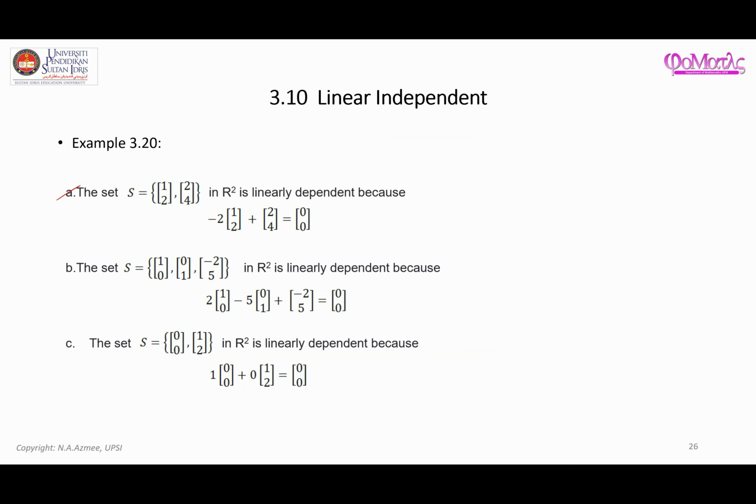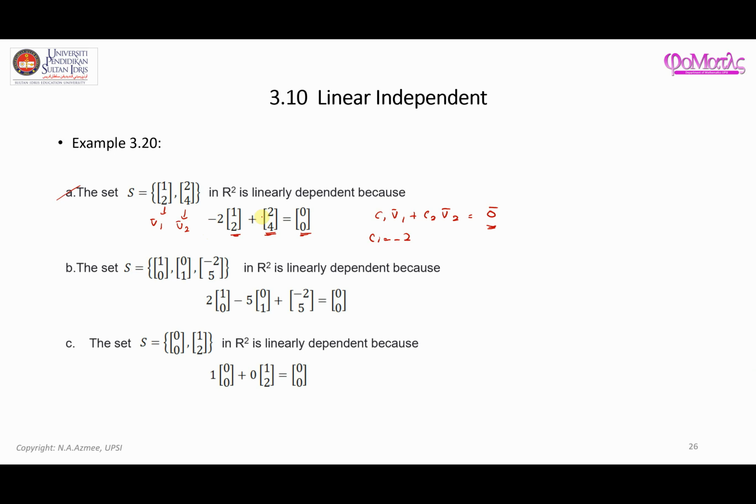Here is a simple example. We have a set of two vectors: this is the first vector and this is the second vector. You can see clearly that the vectors are combined in such a way that the result is the zero vector. This is the second vector, and this is the first vector. Right next to it is our first scalar, so C1 is -2.